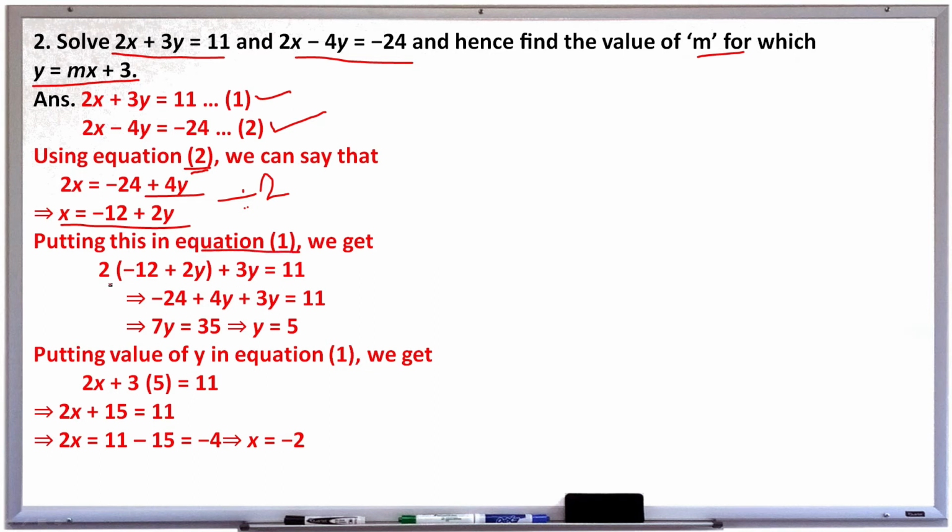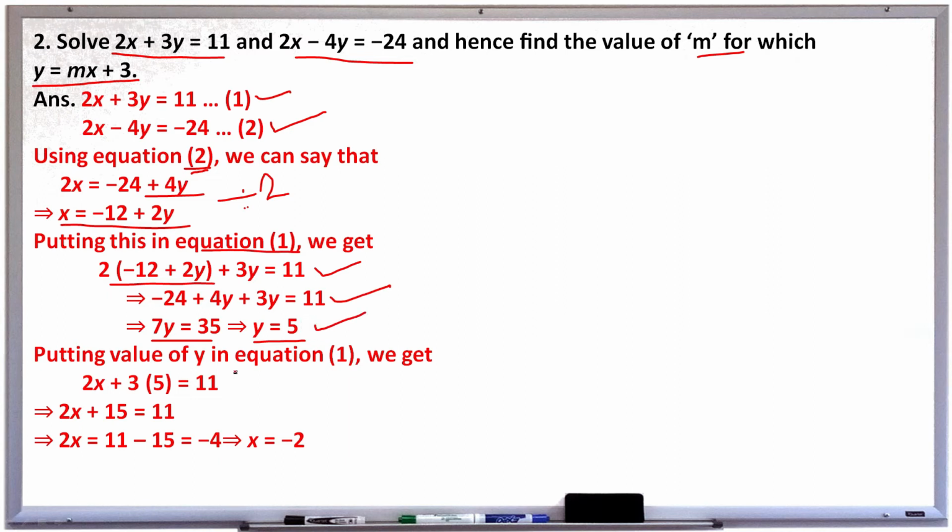So put this value, minus 12 plus 2y, in equation number 1. Afterwards you simplify, you will get the value 7y is equal to 35. So you can simplify, divided by 7, you will get y is equal to 5.